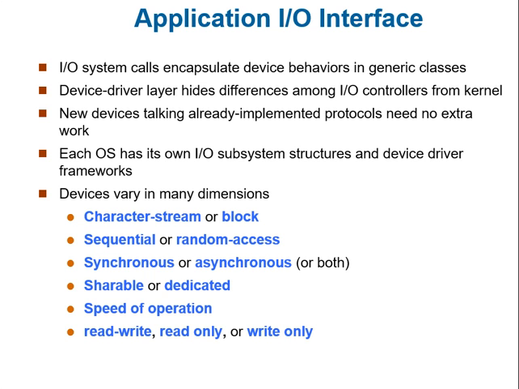Then the difference in terms of access, either sequential access or random access. Normally, a sequential access device transfers data in a fixed order determined by the device, byte by byte, right?